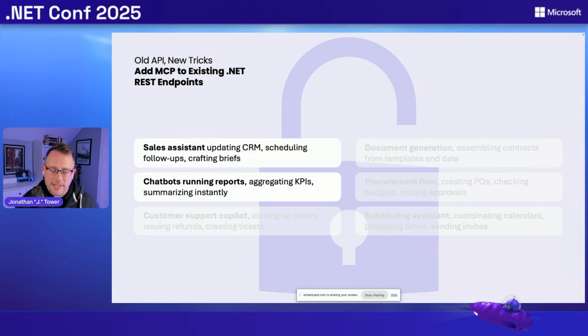Maybe a chatbot that's helping you run reports or collect data from around your organization and give you different key performance indicators about how things are going, and maybe even proactively reaching out to you to say, hey, have you looked at this key performance indicator? I think there's a problem going on right now. As an owner of a consulting company, I really feel this one.